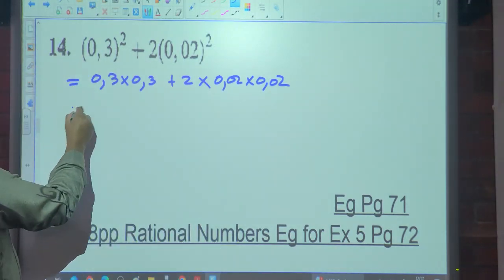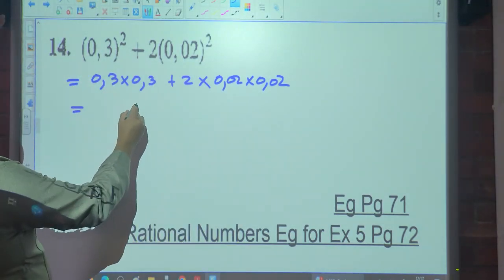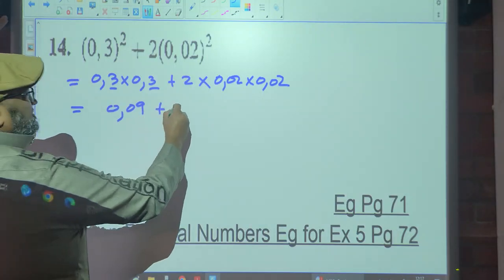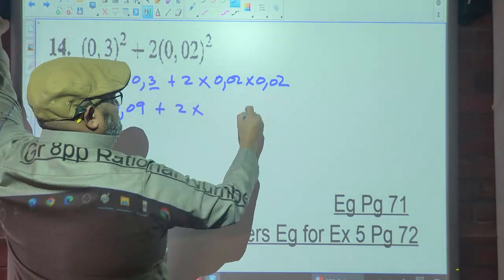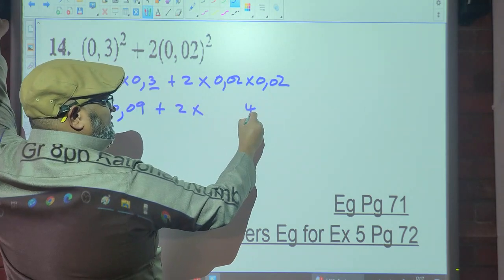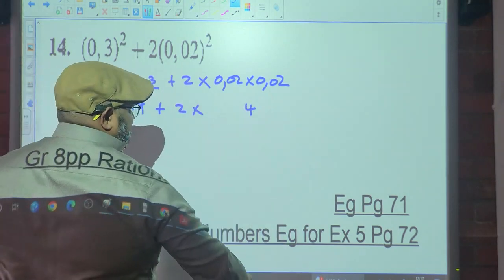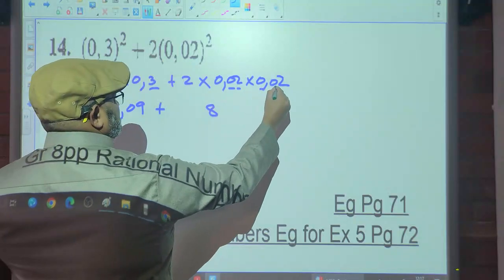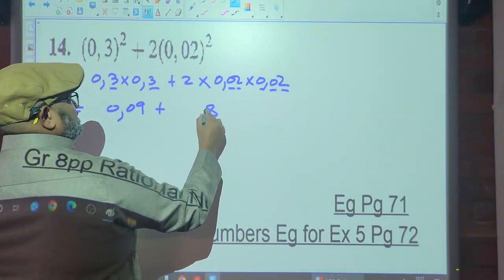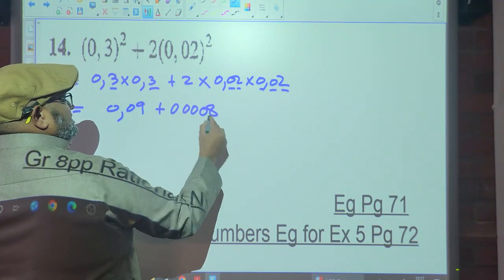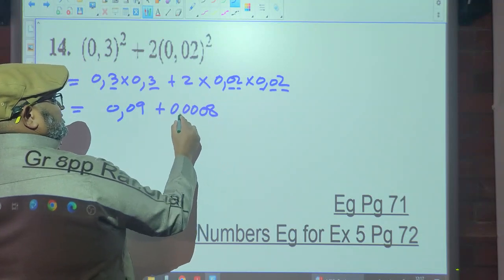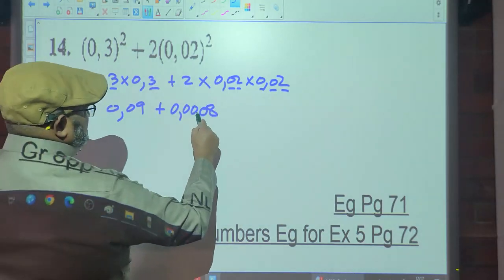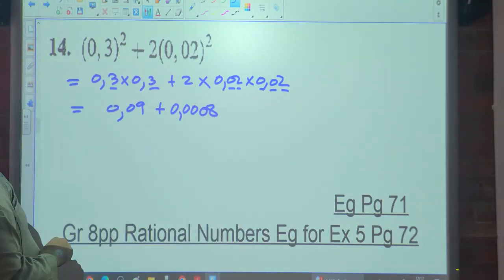Of course it's going to be 9. 3 times 3 is 9, and these 2 digits off the comma. So 0,09 plus 2 times. 2 times 2 of course is 4, and 4 times 2 is 8. That is simply 8. 4 digits off the comma: 1, 2, 3, 4.